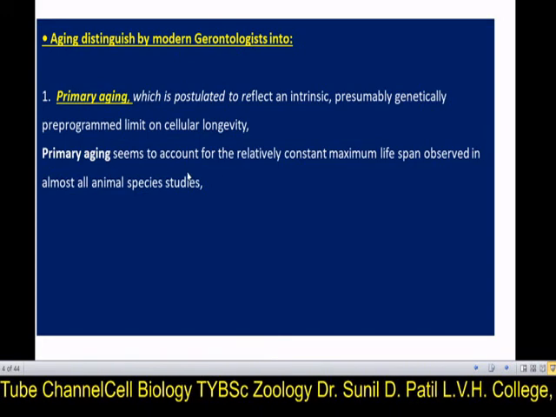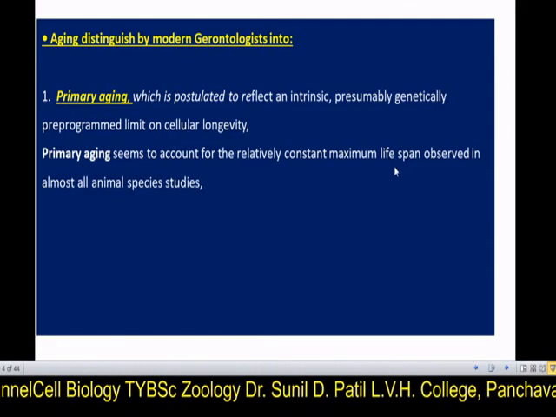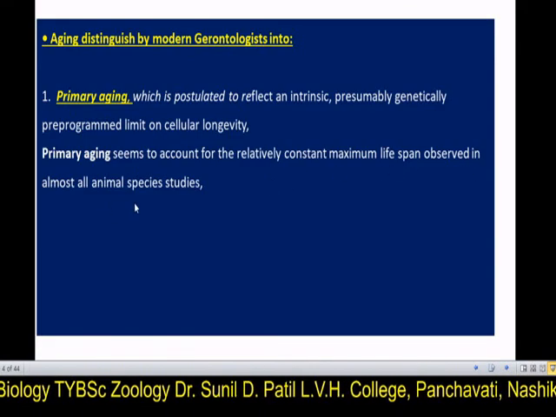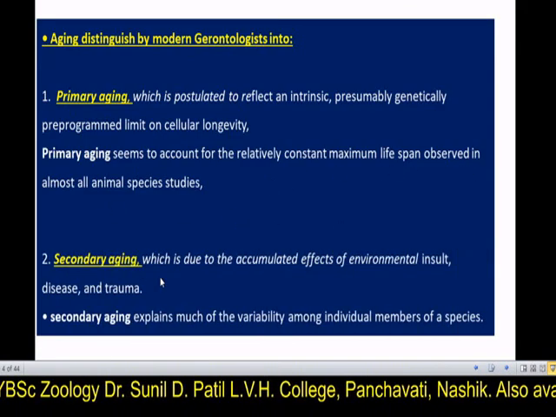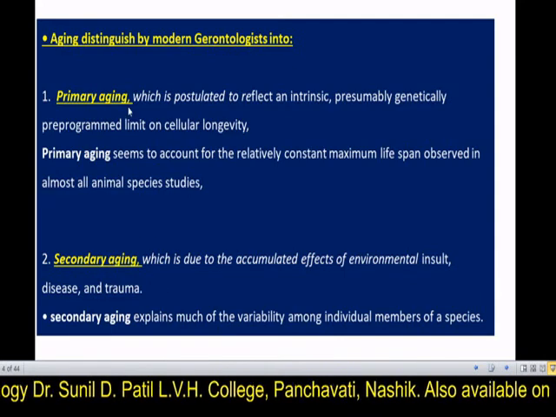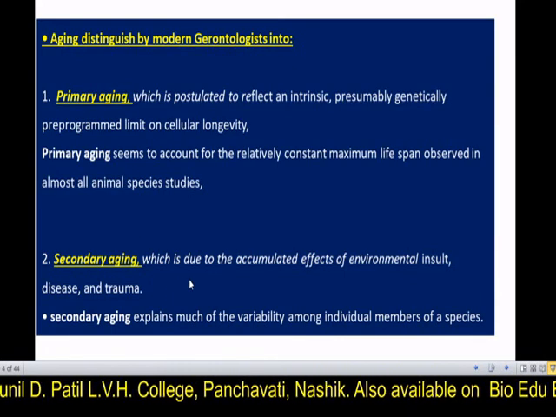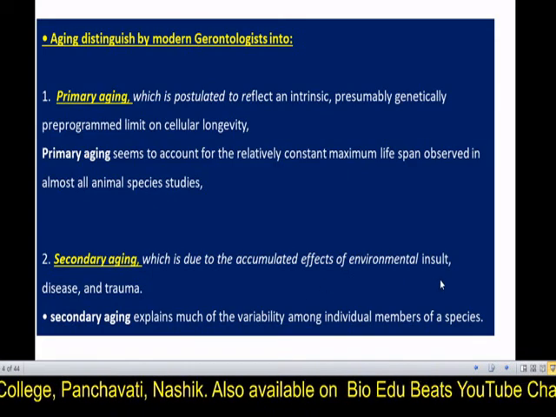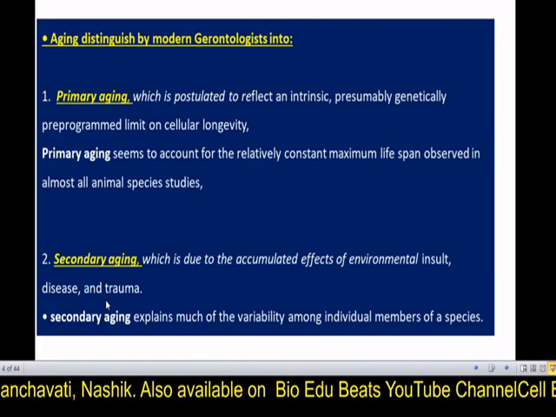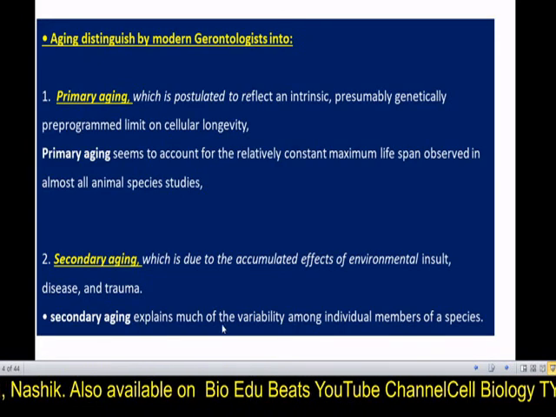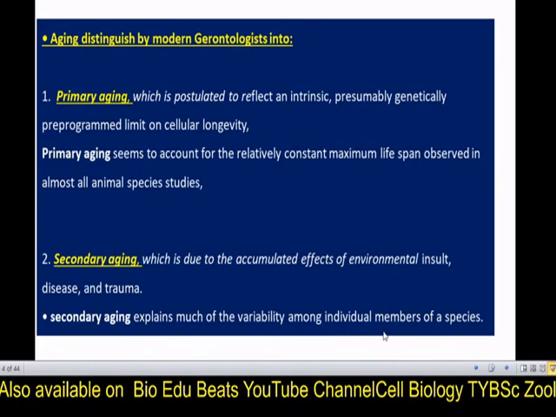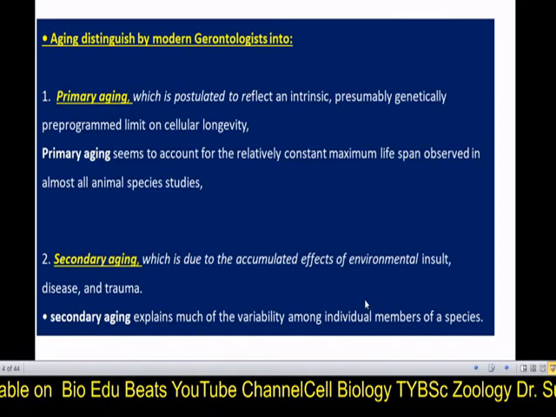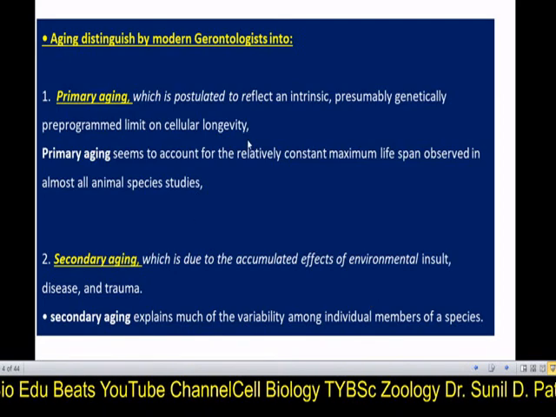Primary aging seems to account for the relatively constant maximum lifespan observed in almost all animal species. Aging is divided into primary and secondary aging. Secondary aging is due to the accumulated effect of environmental insult, diseases and trauma. Secondary aging explains much of the variability among individual members of the same species. So primary and secondary are the two types of aging.